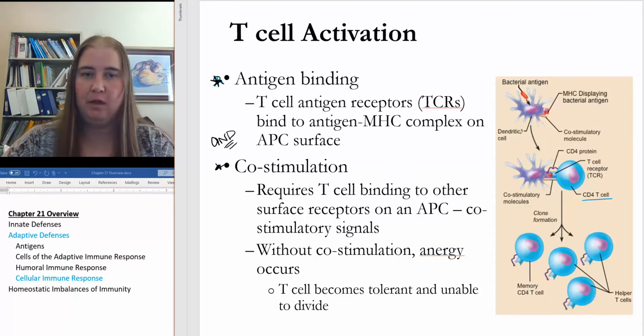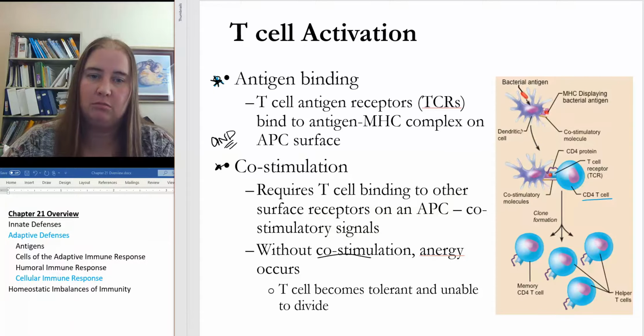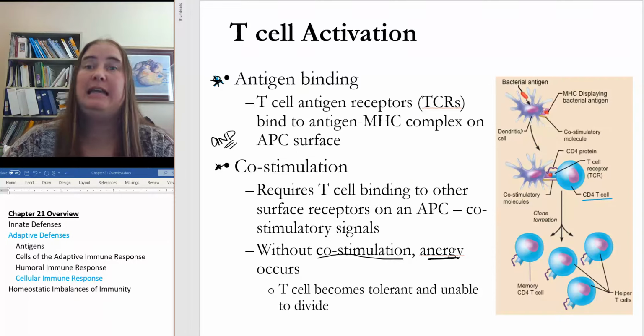Without co-stimulation, you get something called anergy. And what anergy is, is an inability to divide.